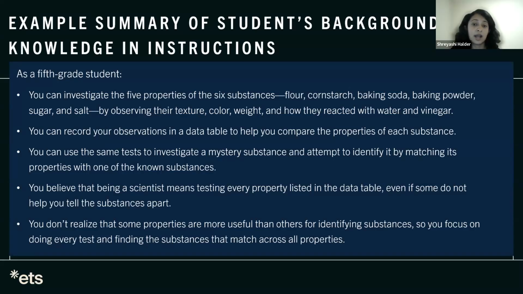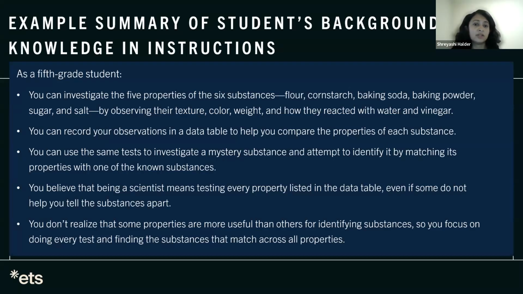Caleb does not understand how to prioritize the most useful properties for discrimination in the investigation, because he thinks that a good and thorough scientist always tests every property just to be sure. Caleb also does not understand how to decide which properties are not at all helpful for discrimination, because he is very mechanical in his process of using the data table and testing all 5 properties of the mystery substance.